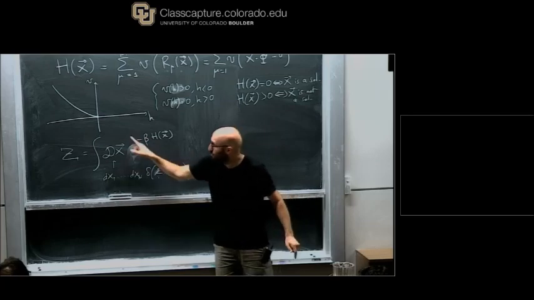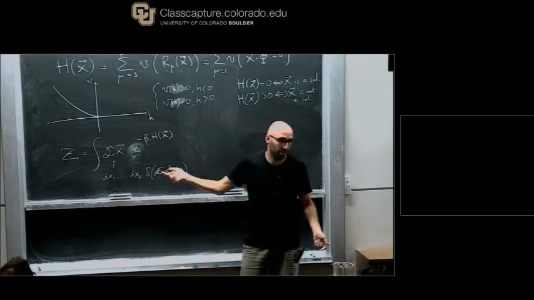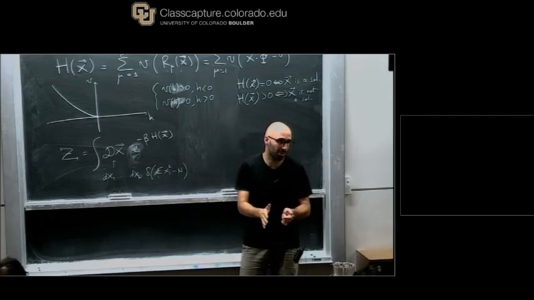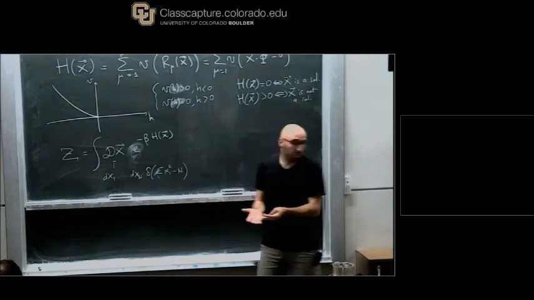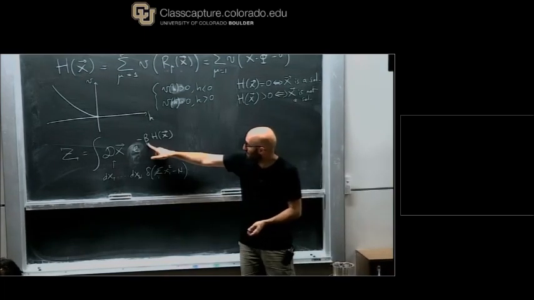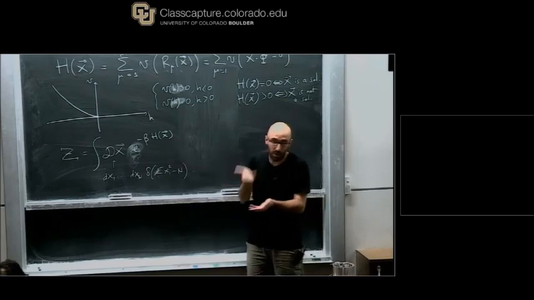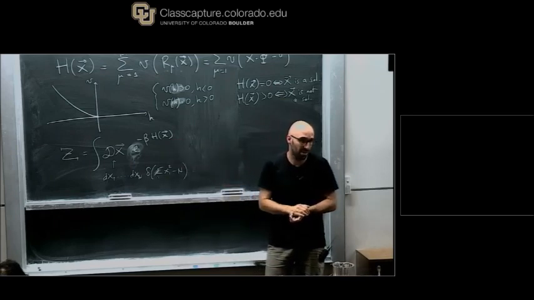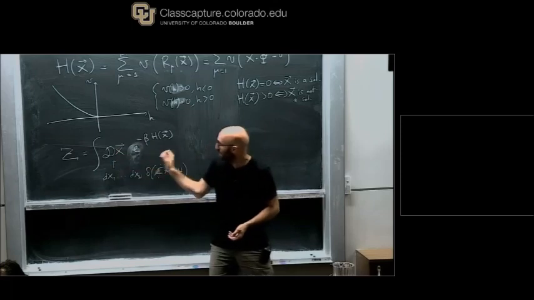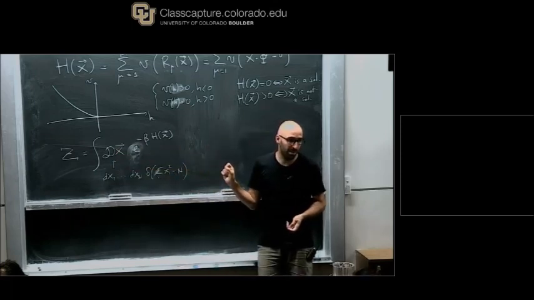So this will be just the volume of the solutions, if there are solutions. If there are no solutions, when beta goes to infinity, this is going to go on the lowest energy state, and so I will have a positive energy. So I want to study this thing in the 0 temperature limit.